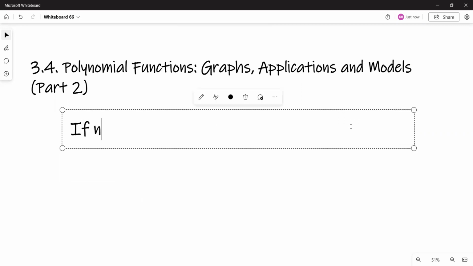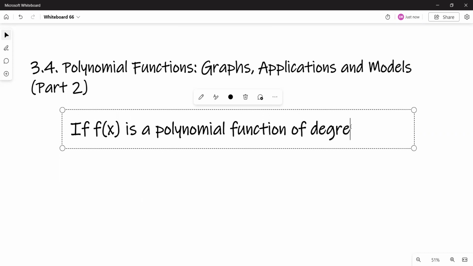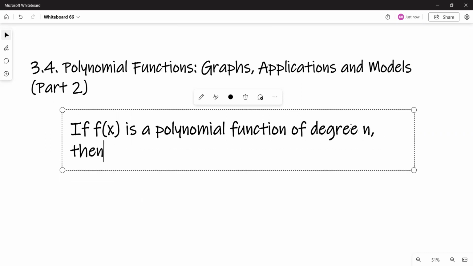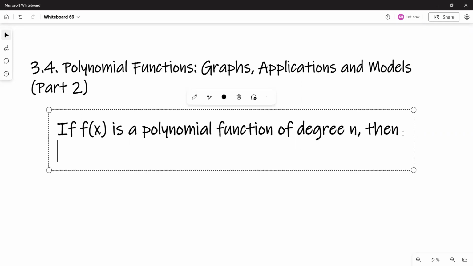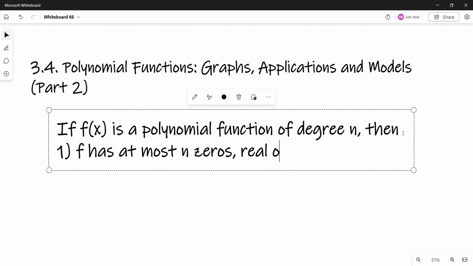We learned that if f of x is a polynomial function of degree n, then f has at most n zeros, which can be real or complex.